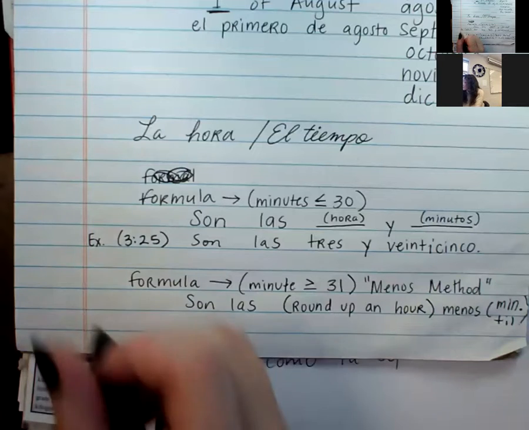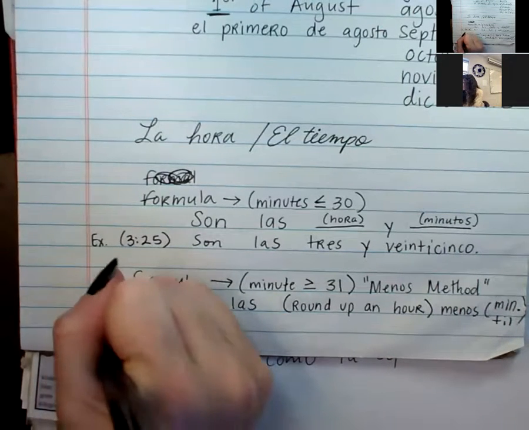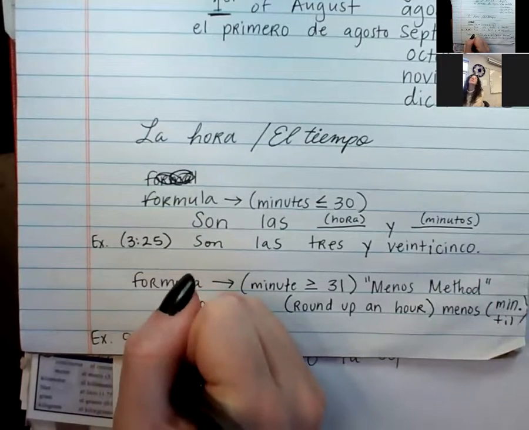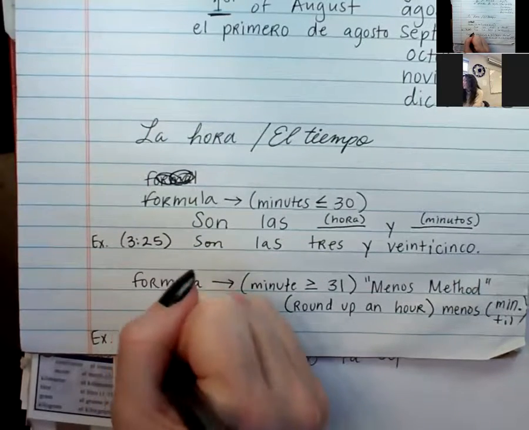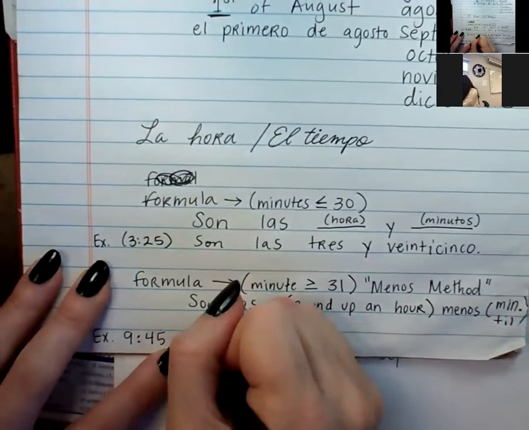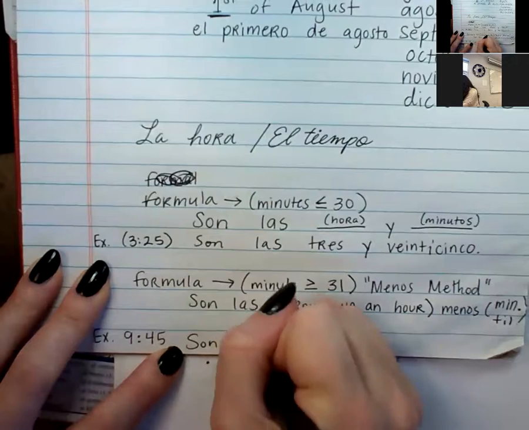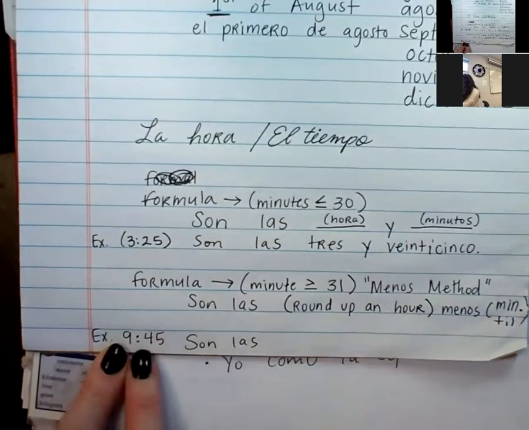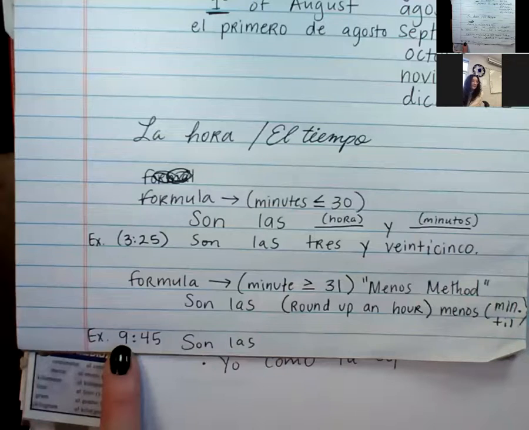So for our example here, if I wanted to say it is 9:45, which it is right now, 9:45. So I would say son las, and then I round up an hour. So right here is 9, but if I round that up, it would be 10.